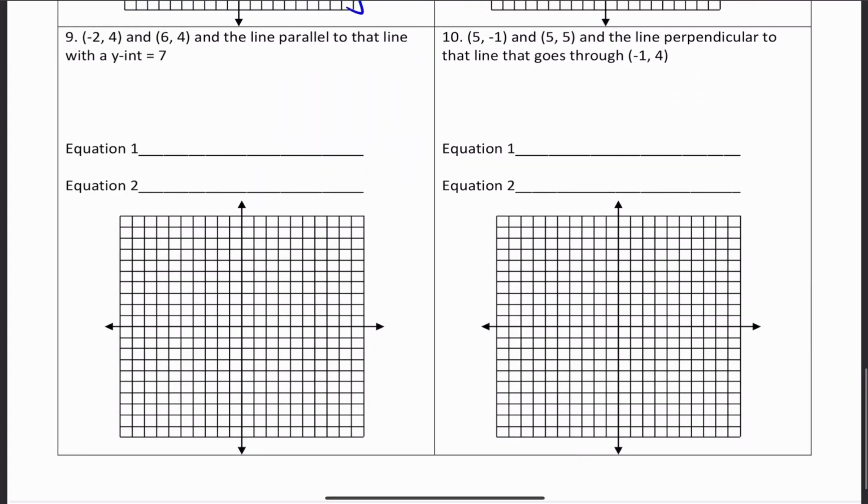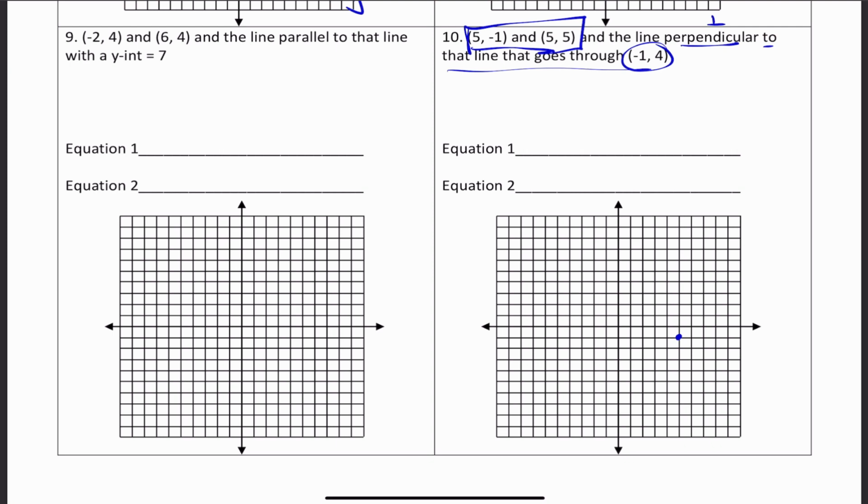You've got these 2 points. That's one line, and that line is perpendicular to another line that has the point negative 1, 4. So I'm going to plot these points. 5, negative 1 is here, and then 5, 5.